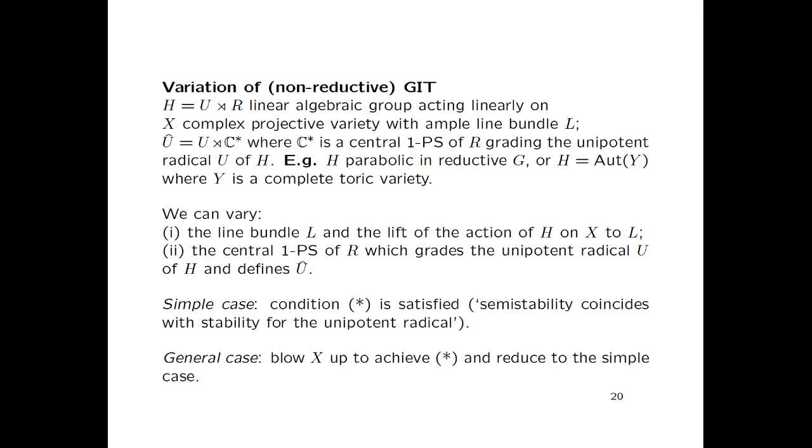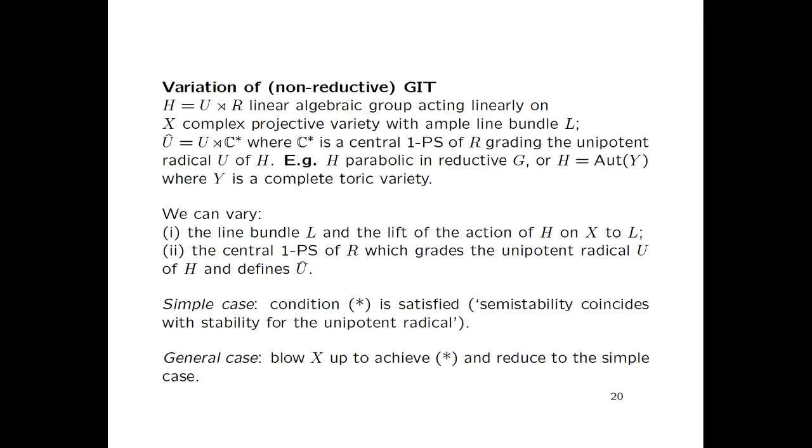And we have to assume that this Levi subgroup contains a central one-parameter subgroup which grades the unipotent radical, so that all the weights of the action on the Lie algebra of the unipotent radical are strictly positive.